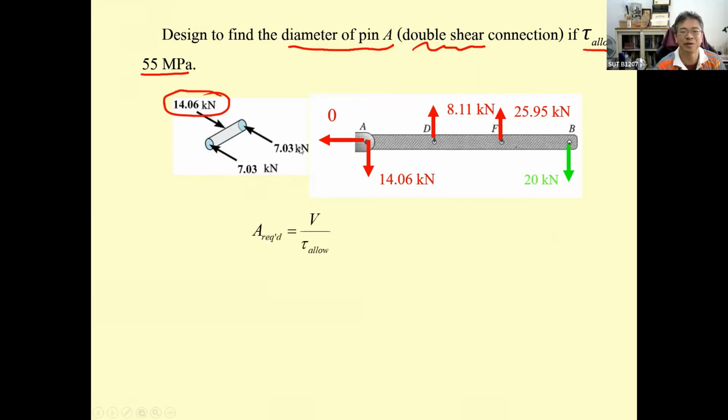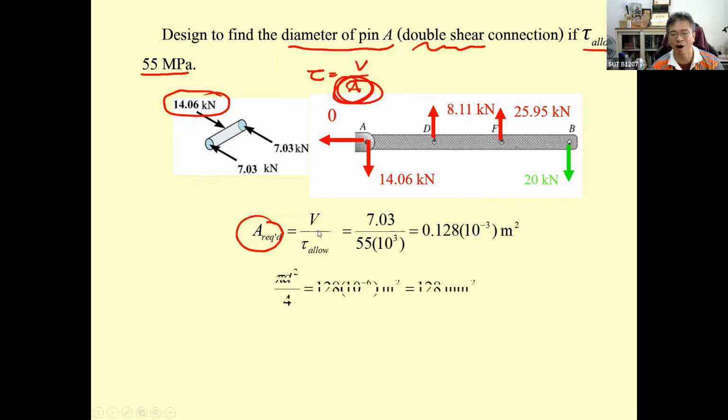This is double shear. So the resultant force will divide into half of 7.03. And then you have tau equal to V over A. Now, you like to determine A, so it's going to be V divided by tau allowable. You get it for 12.8 millimeter.